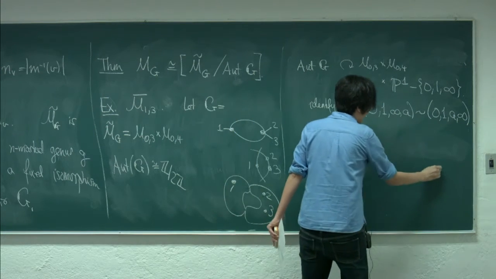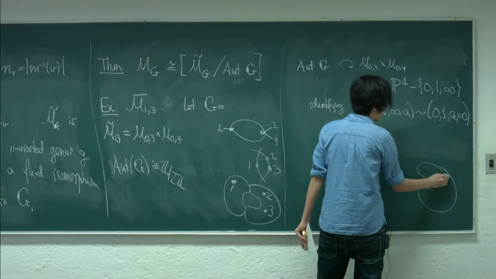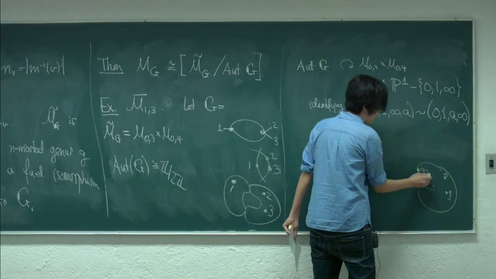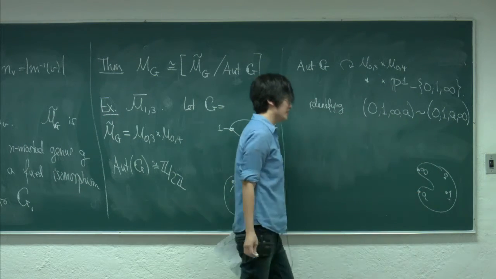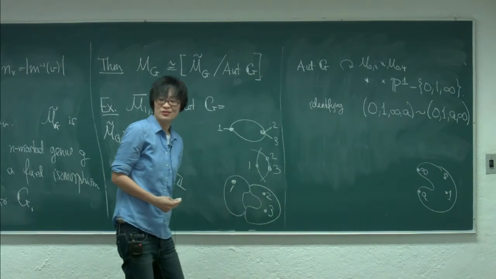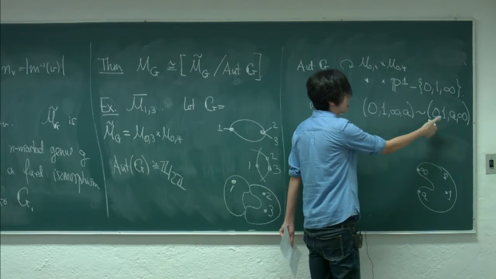So, with the understanding that I'm telling you my stable curve by just telling you marked points like this, with the understanding that I'm about to glue A and infinity to another P1, we have to mod out by this involution.